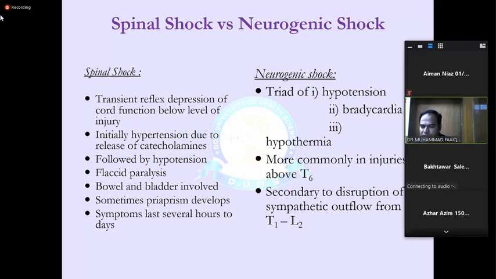Usually we see that these functions revert within a few minutes or hours. So spinal shock is transient loss of spinal cord function, namely flaccid paralysis, sensory loss, and areflexia, no reflexes.